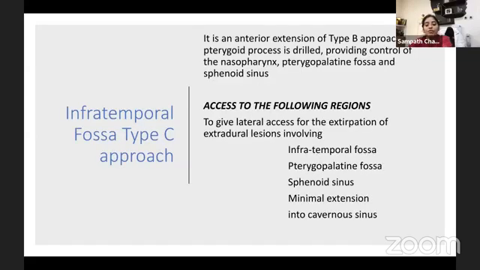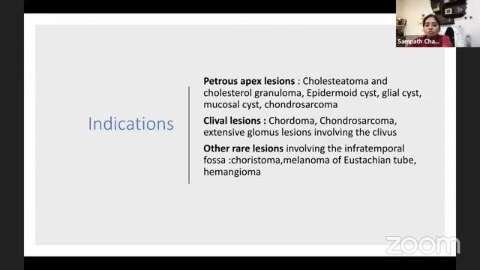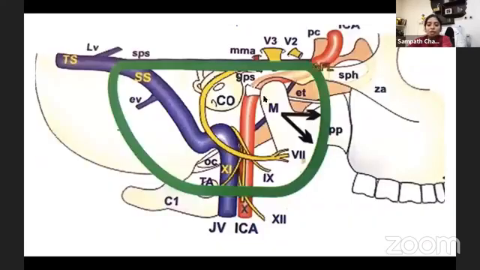Coming to the infratemporal fossa C approach. It is once again the anterior extension of the type B approach. The difference between type B and C is that we can see here the pterygoid plate. We confine the B approach to its posterior border.